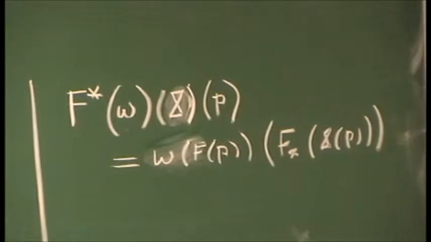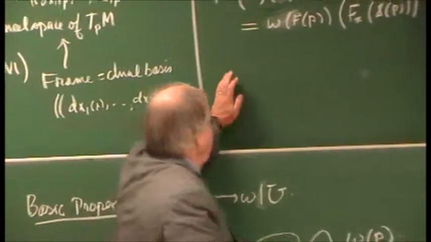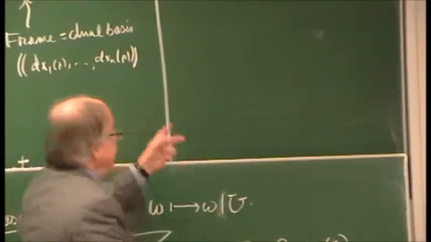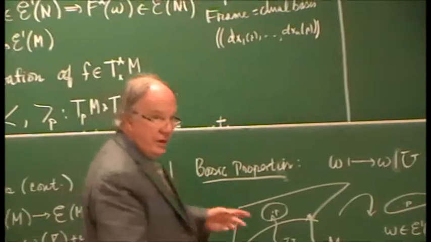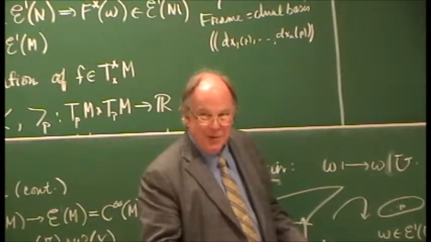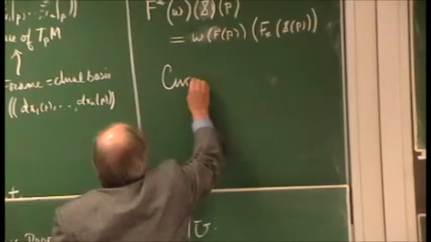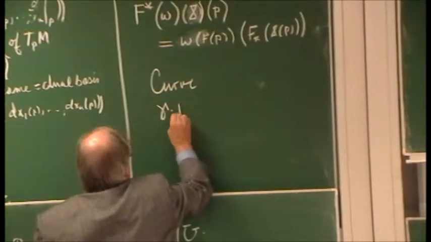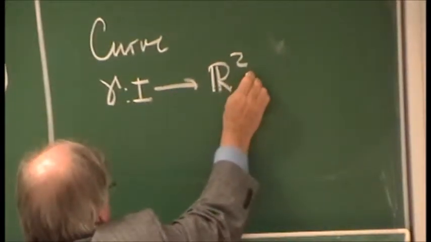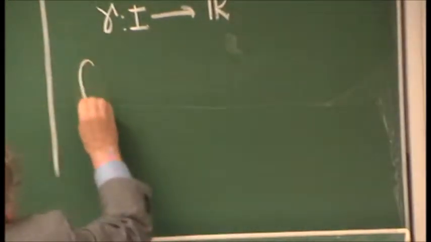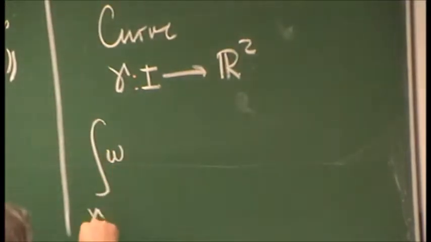We talked about it in great detail last time. I'll give you some experience in the homework of computing these things in coordinates. But I wanted to emphasize, coming back to the discussion at the end of the last lecture, if you have a curve gamma from the interval 0, 1 into, say, R2 as an example, then you define the integral over gamma of a 1-form.